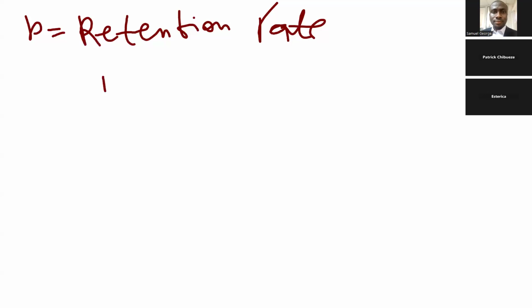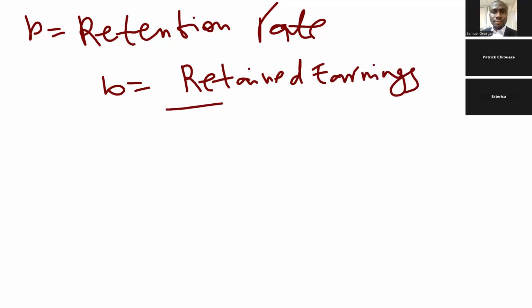And the formula is this: B is equal to retained earnings divided by profit after tax times 100. And retained earnings is EPS minus dividend per share, or profit after tax minus dividend. That's your retained earnings.